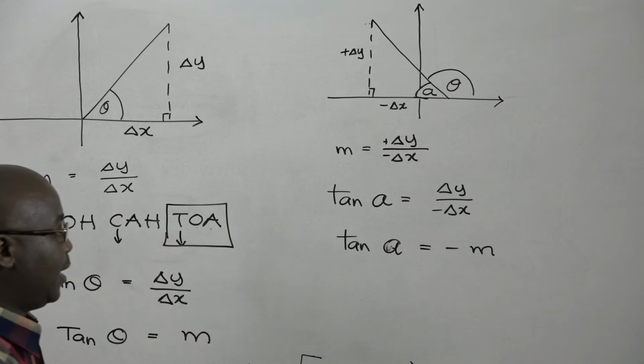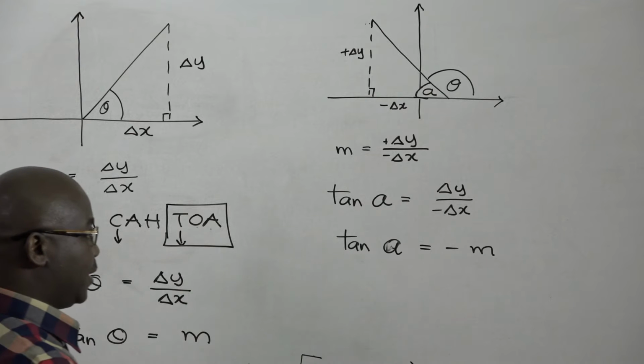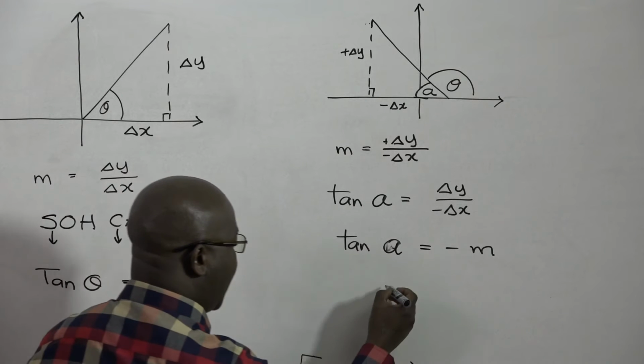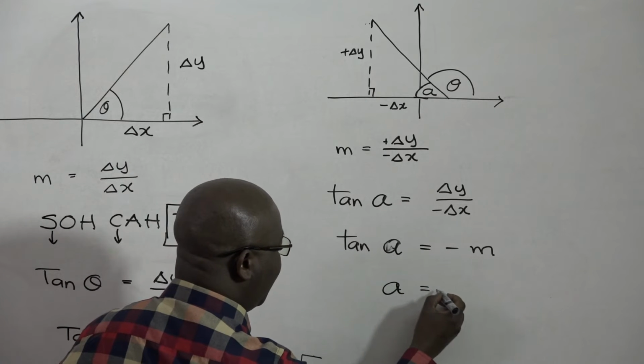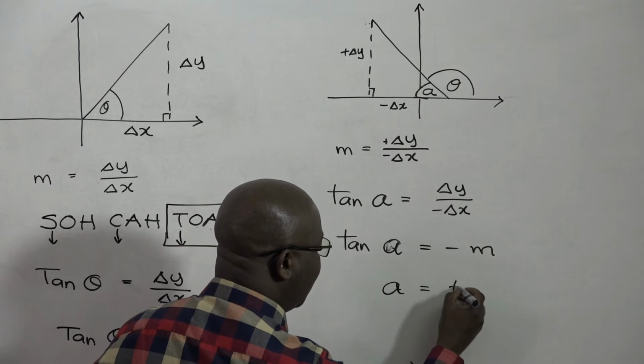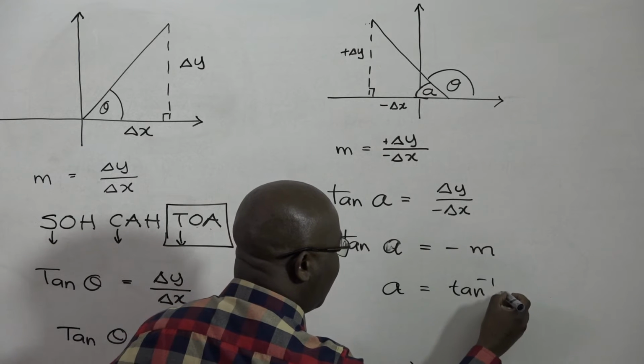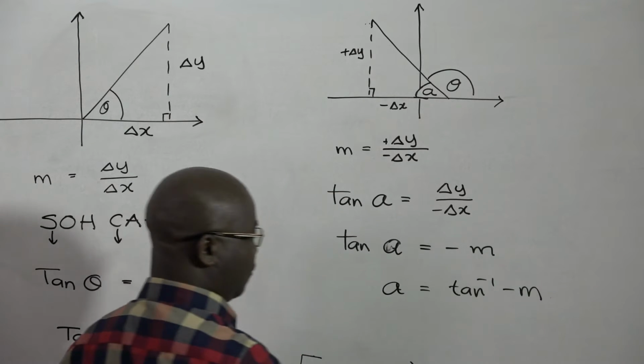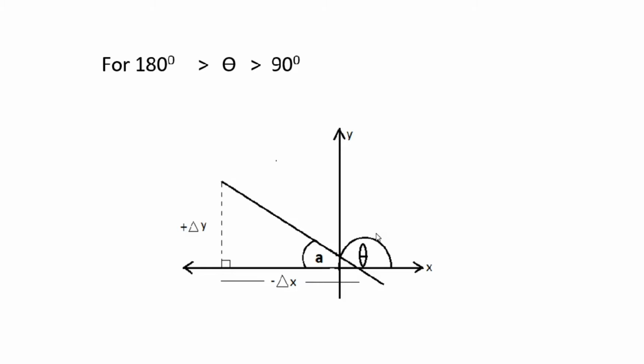I can write clearly like that. It means, therefore, that A, that angle, if we take tan to that side, becomes arctan of minus m. Right, so we are initially dealing with the angle A, which is what we find in the right-angled triangle.